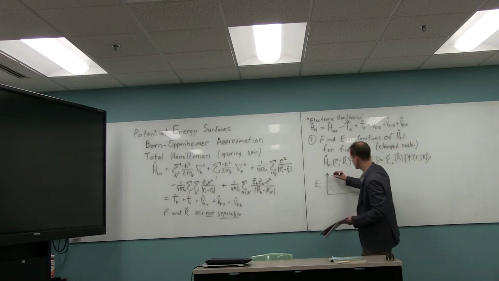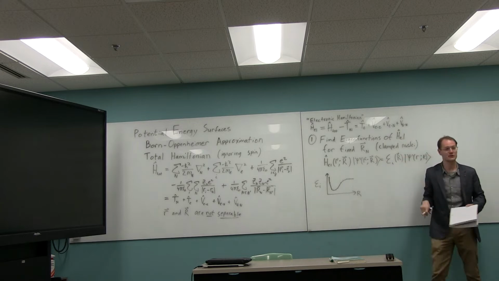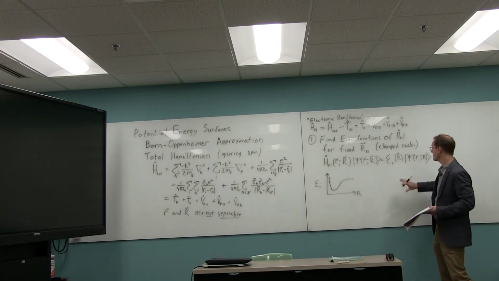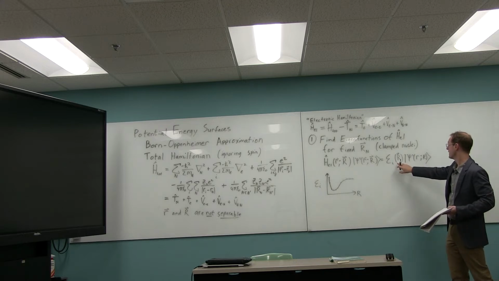And then we can draw a smooth curve between all these points that we calculated, and then we get a potential energy surface.